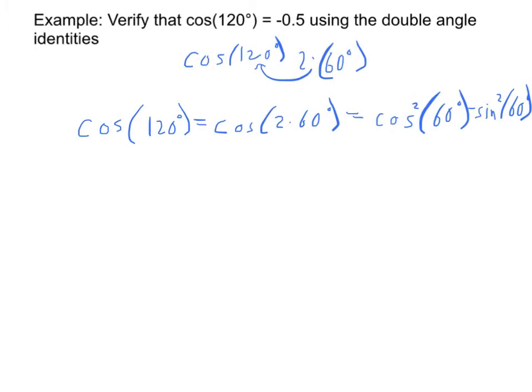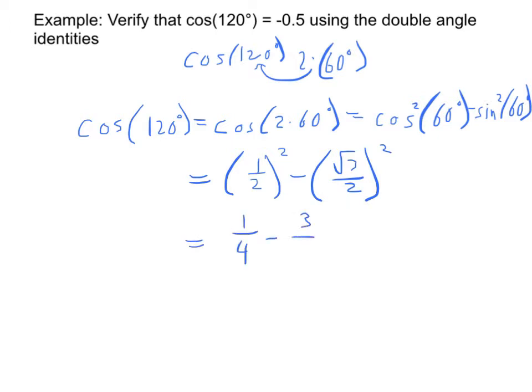And so now I just need to evaluate this. The cosine of 60 degrees is going to be 1/2, so I have 1/2 squared minus, now the sine of 60 degrees is the square root of 3 over 2, squared. This is going to give me 1/4 minus 3/4, which is negative 2/4, which is negative 1/2, and that's precisely what they wanted me to verify.